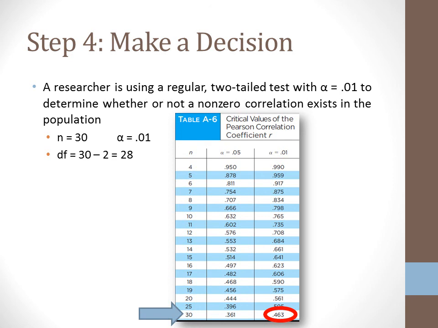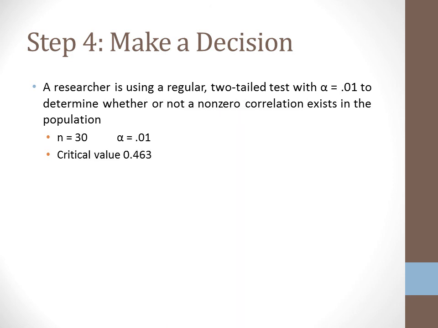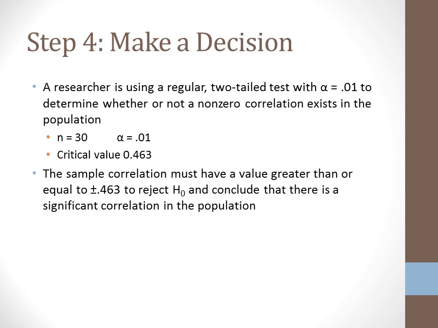In this example, we get a value of 0.463. So again, our critical value is 0.463. So the sample correlation must have a value greater than or equal to plus or minus 0.463 to reject the null and to conclude that there is a significant correlation in the population.